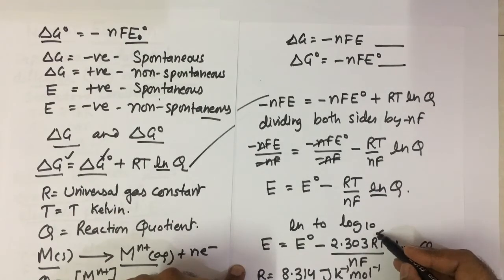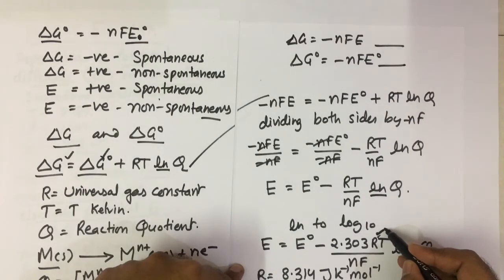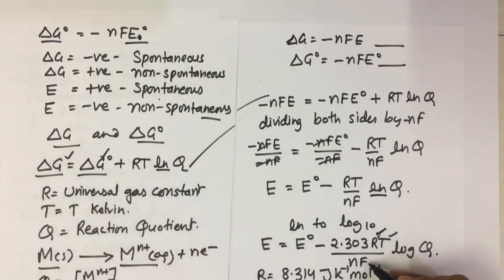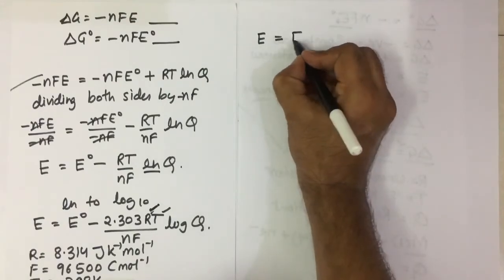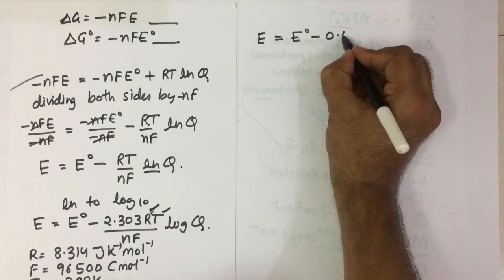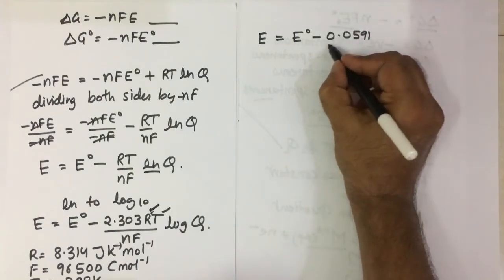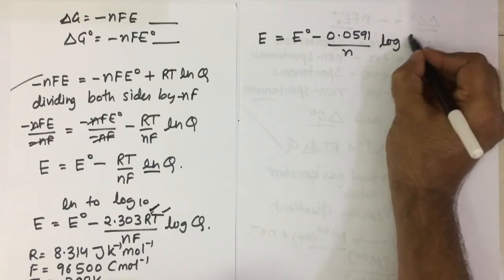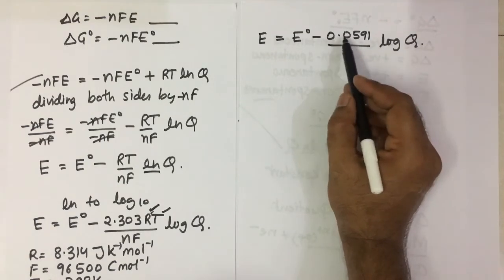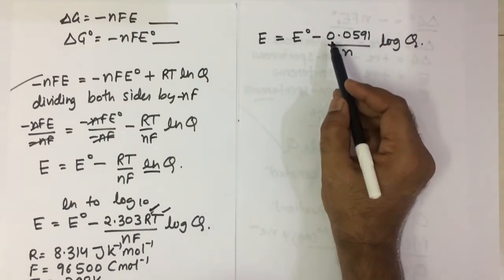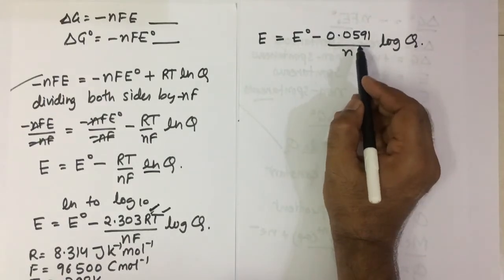Substituting these values, we get the expression E is equal to E naught minus 0.0591 upon n log Q, where the 0.0591 value we got from the calculation of the expression 2.303 RT upon F.